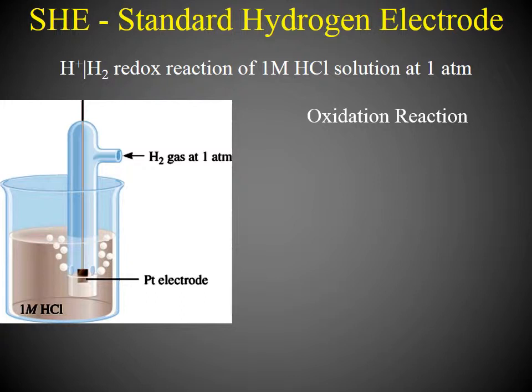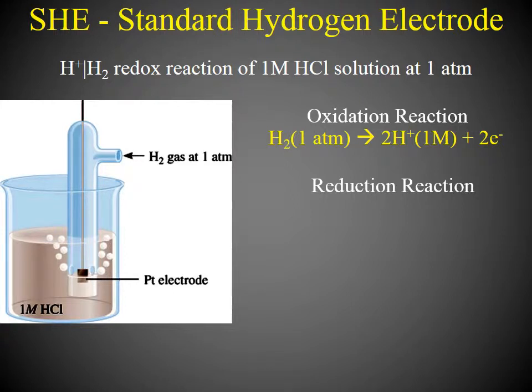So when oxidation reduction occurs here, here's what happens when oxidation takes place. The hydrogen gas becomes hydrogen ion. In other words, the concentration of the hydrochloric acid begins to increase, and the pH of that solution decreases. When a reduction reaction occurs in this cell, the hydrogen ion in solution is converted to hydrogen gas.